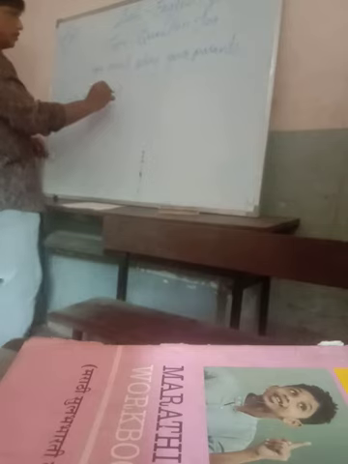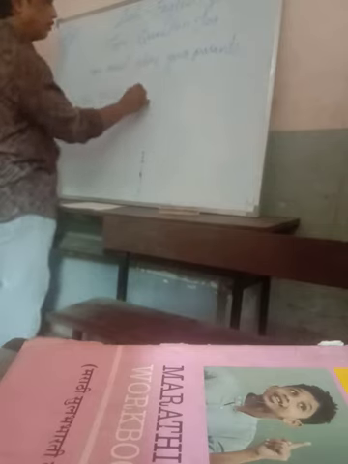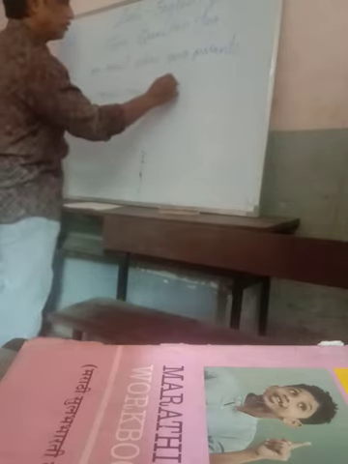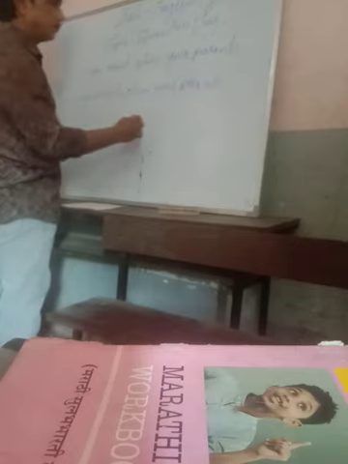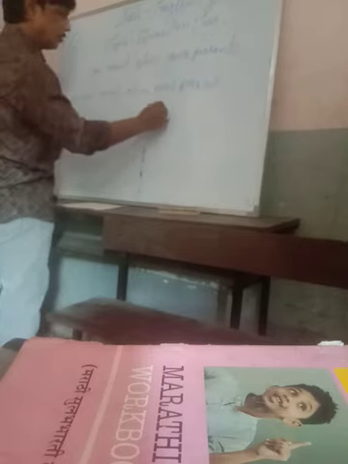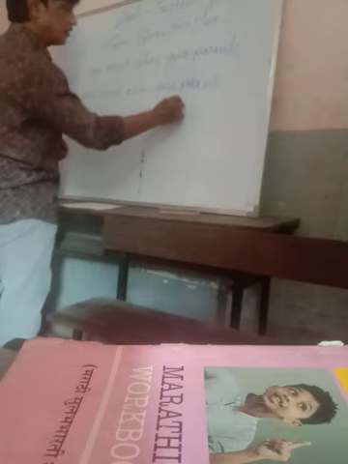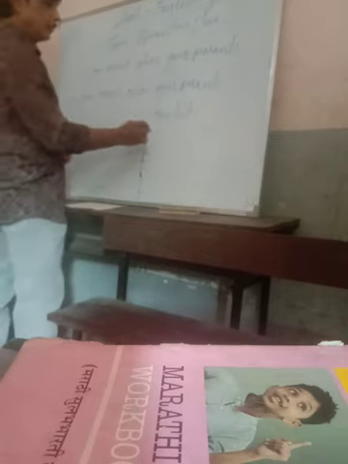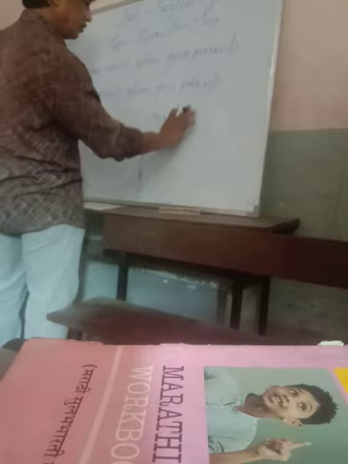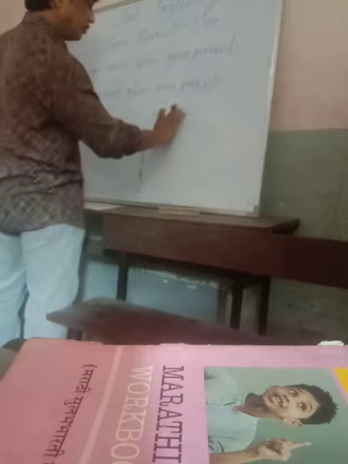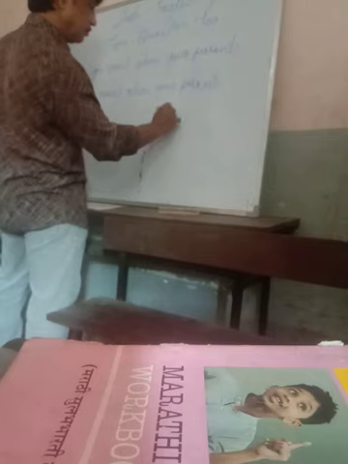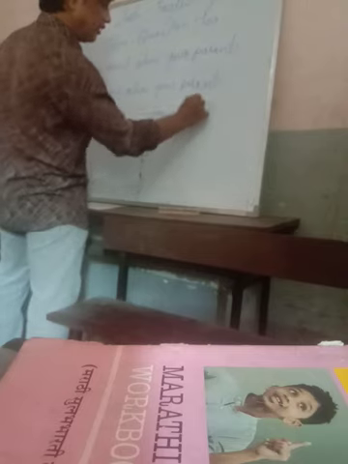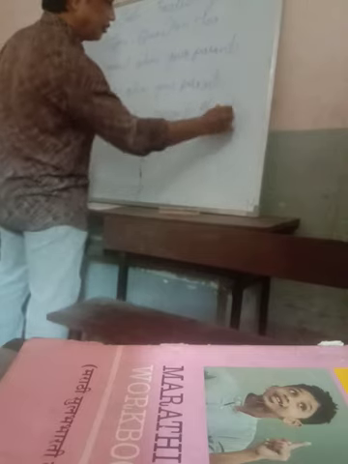You must obey your parents, comma, mustn't they? Mustn't they? And question mark.